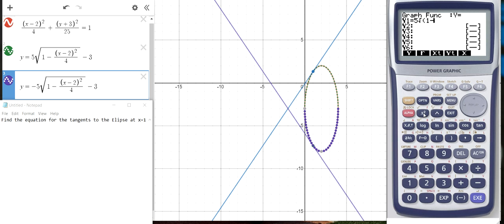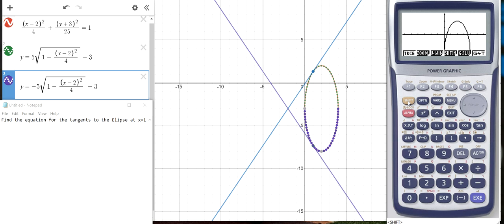So 1 minus (x minus 2) to the power of 2, divided by 4, close the parentheses, and minus 3.